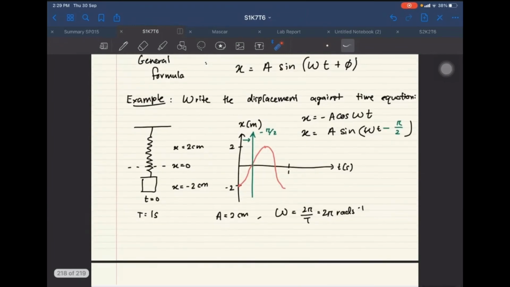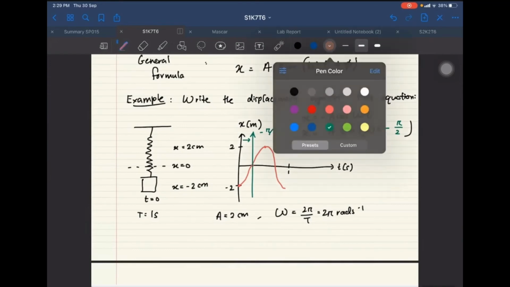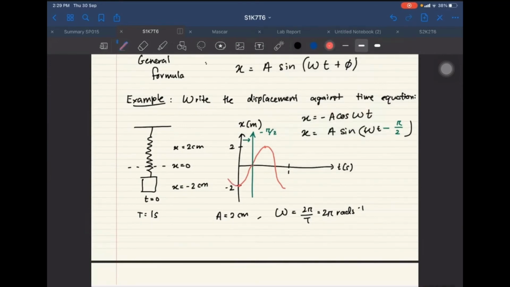And then continuing what I said earlier, if we extrapolate this graph backwards, eventually it will look like a sine graph at the back here as well, right? And this one you can also move the graph, move the axis backwards.